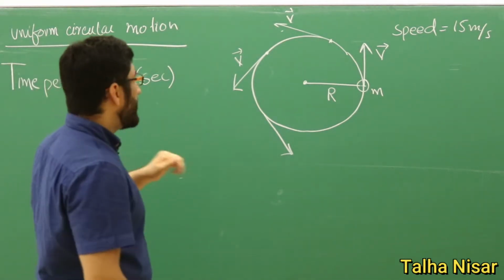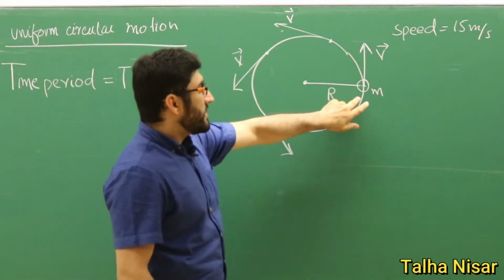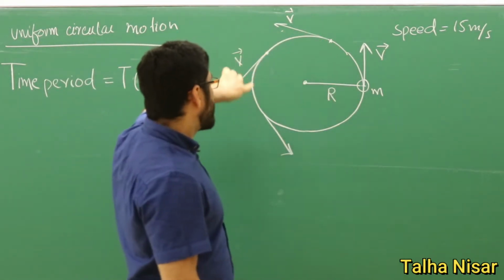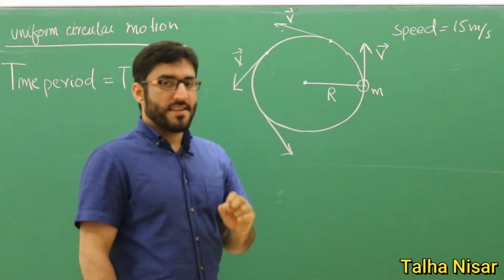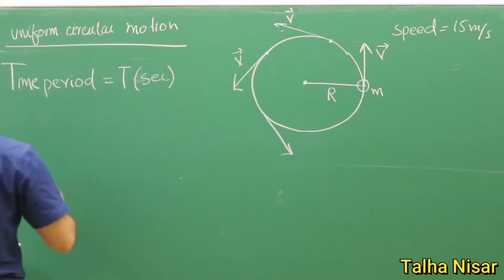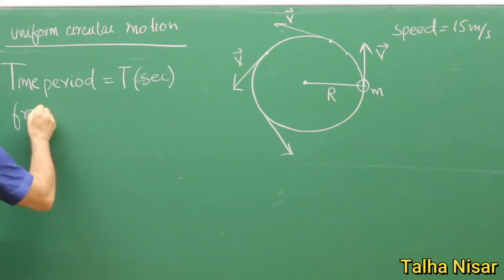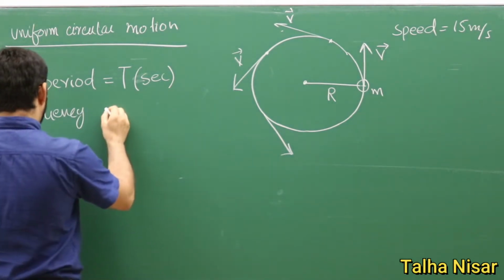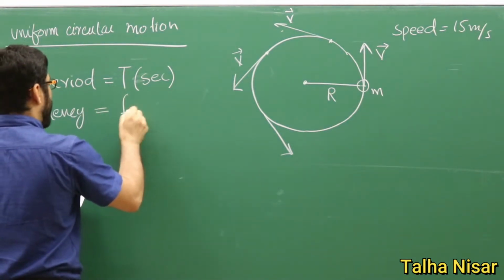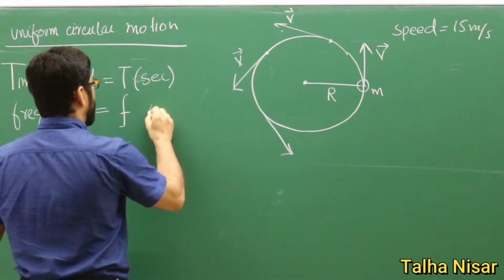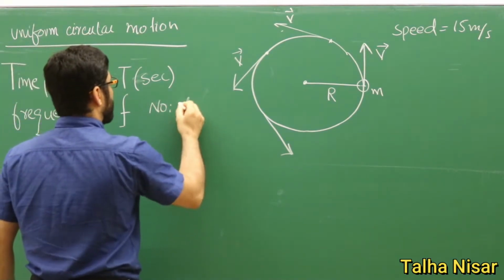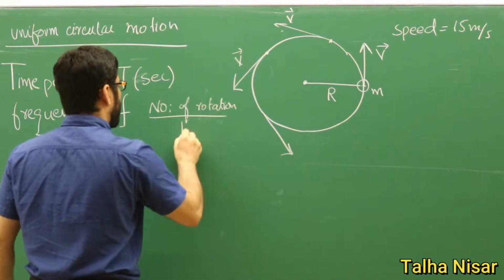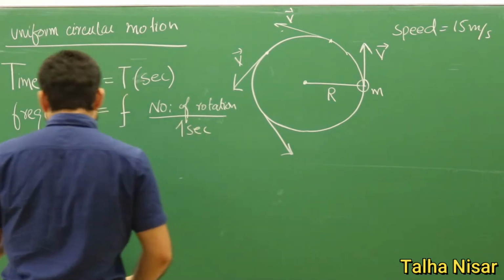The second term that we need to understand is the frequency. Frequency is how many times this object completes one rotation in 1 second. It's represented by f. So it's the number of rotations per 1 second.